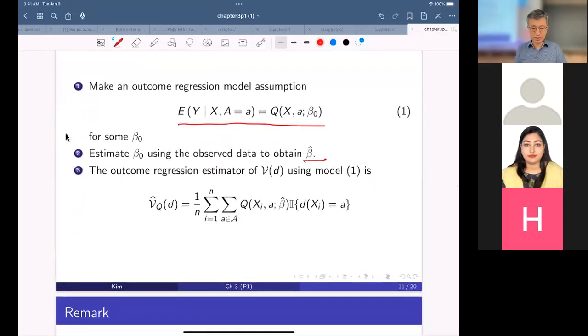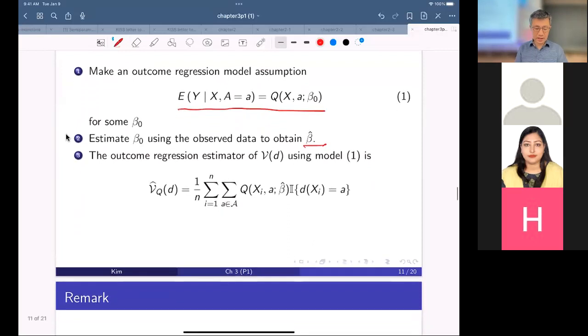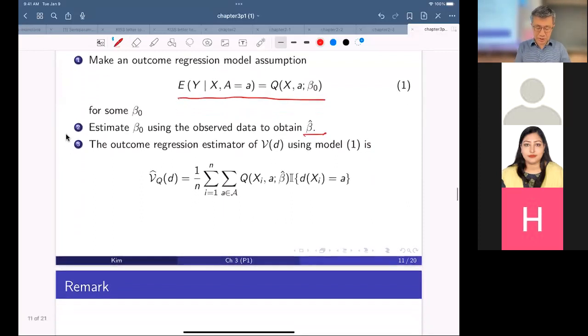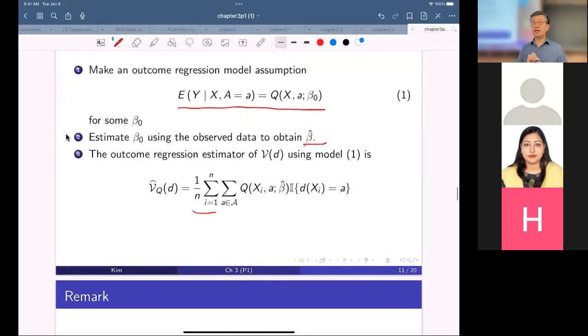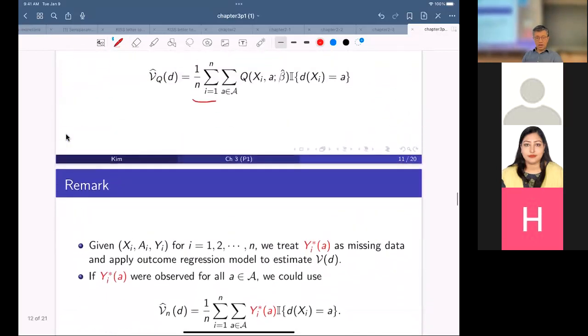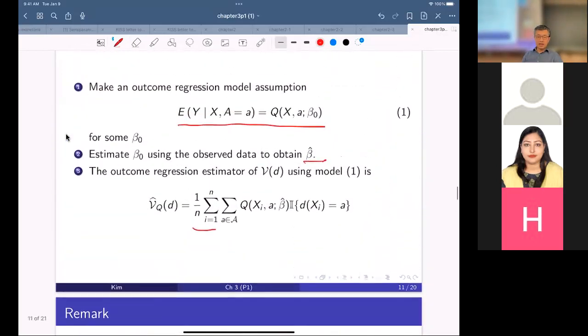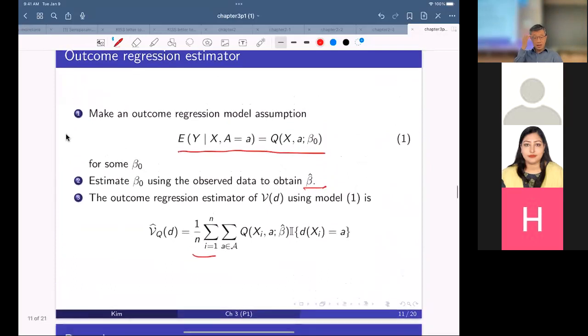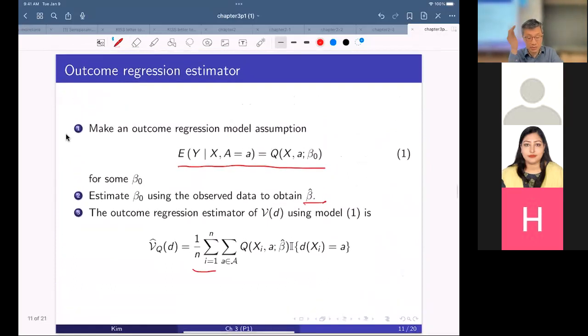It's just a regression. Then the step is to use the sample mean, right? The sample mean is used to compute the population mean, essentially. So that's basically the outcome regression estimator of the value function of D, right?